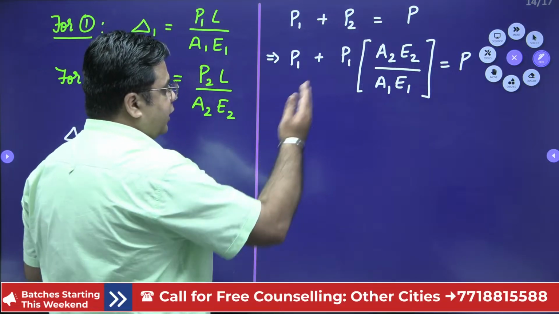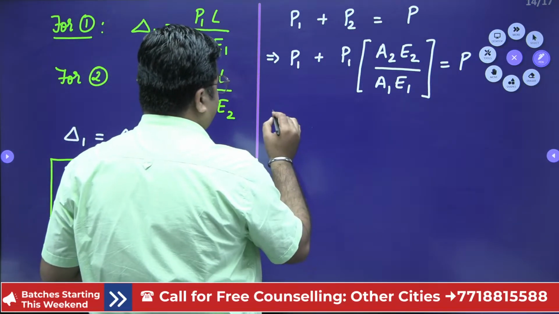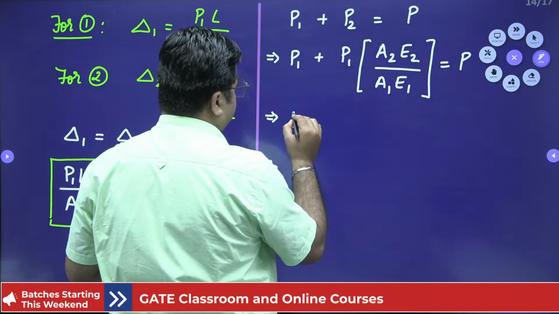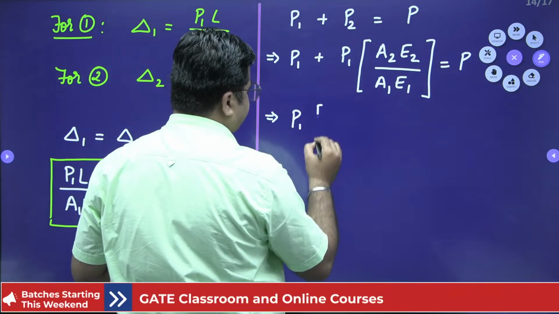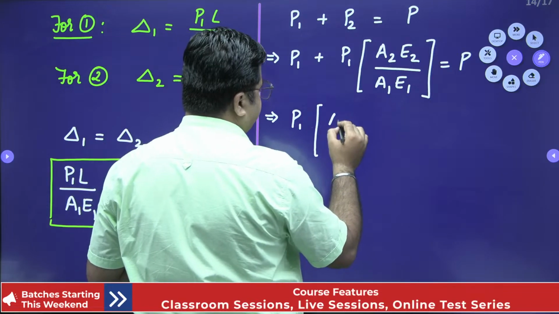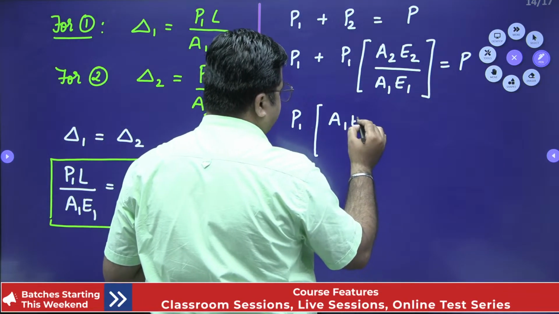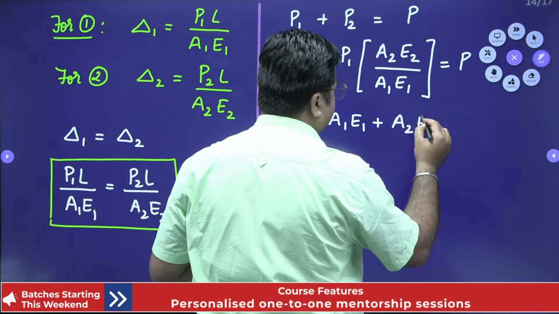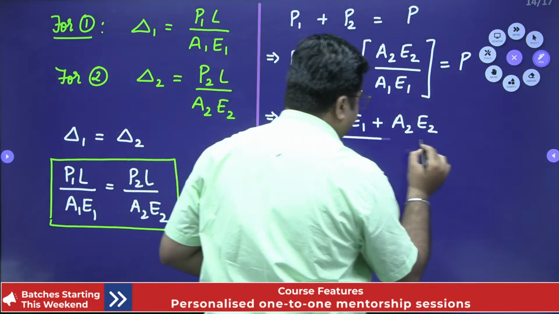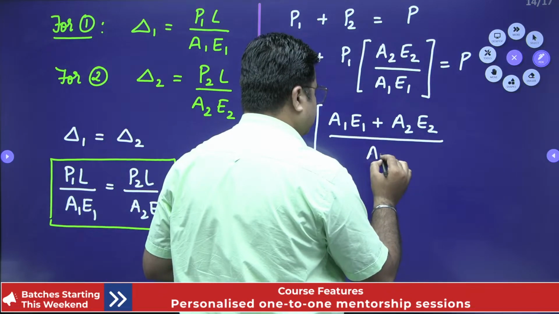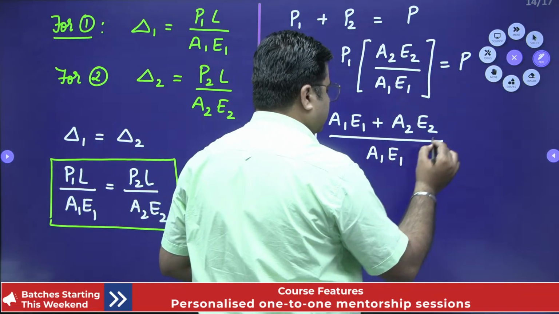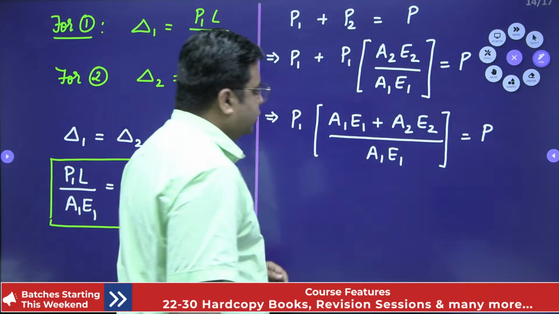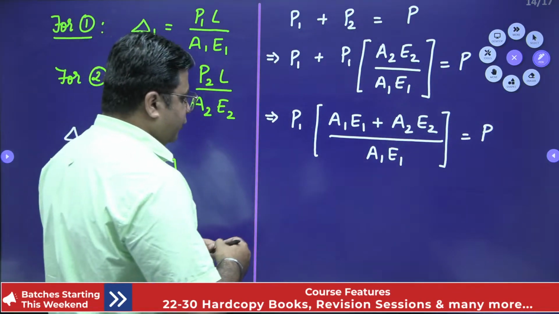So what I did, I took P1 common and then I have just taken the LCM. So A1 E1 plus A2 E2 divided by A1 E1 is equals to P, right? So from here I can get the value of P1.